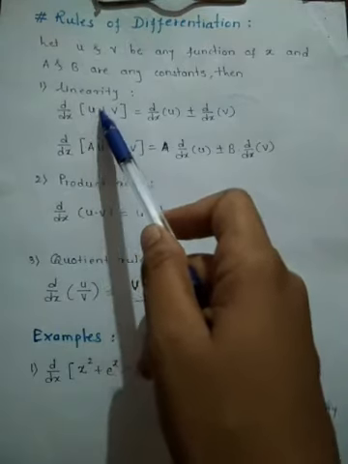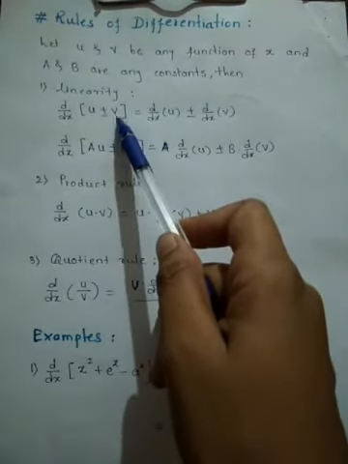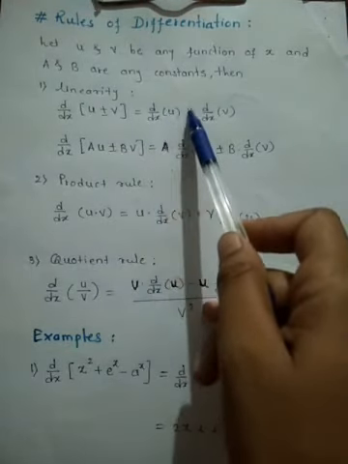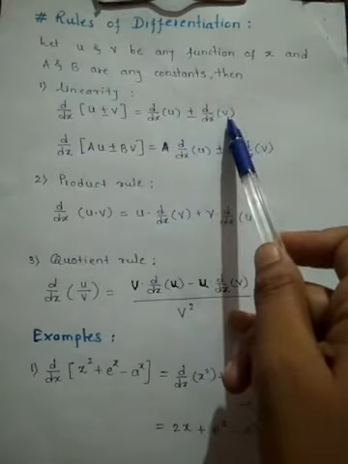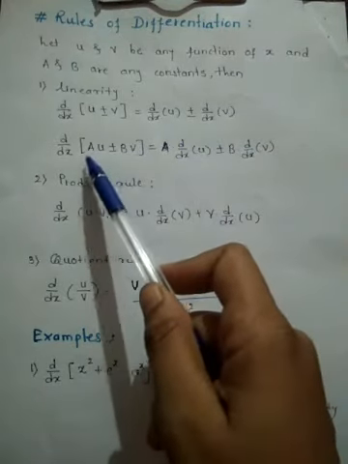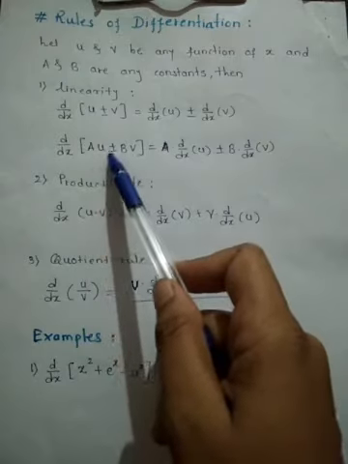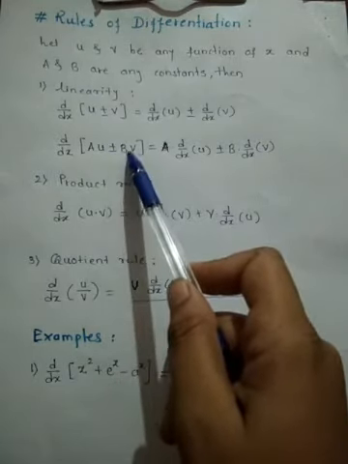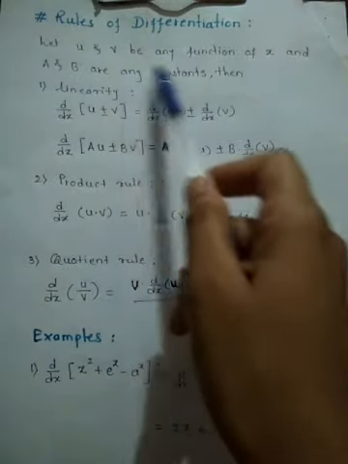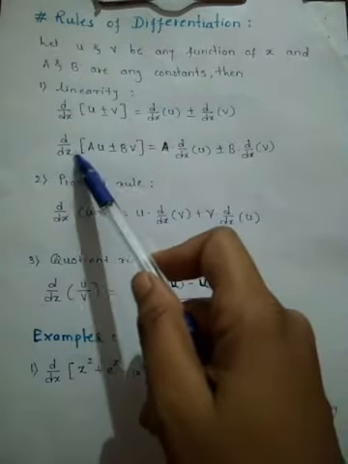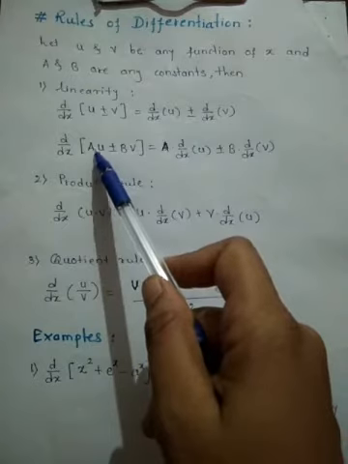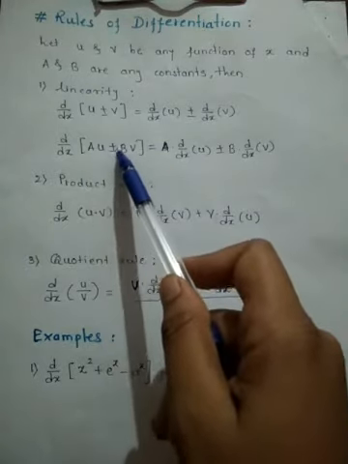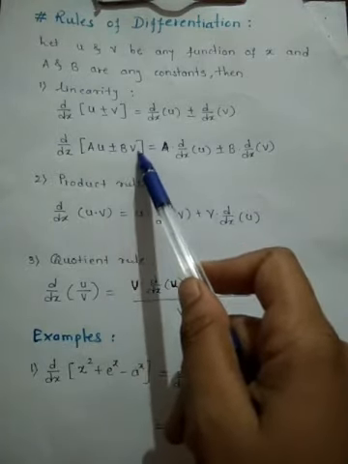Derivative of first term plus or minus derivative of second function, that is derivative of u plus or minus derivative of phi. Second one, derivative of A into u plus or minus B into phi, where capital A and capital B are any constants. See, operator operates on first term, derivative of A into u plus or minus derivative of B into phi.